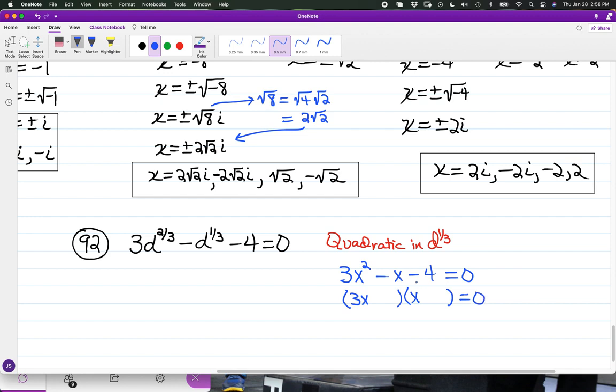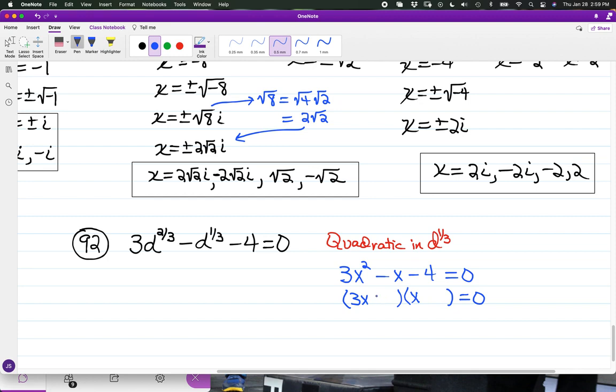Then for the factors of negative 4, there has to be the right combination, whether it's plus 1 minus 4, plus 4 minus 1, plus 2 minus 2, or minus 2 plus 2, where the outside and inside products add up to minus 1x.